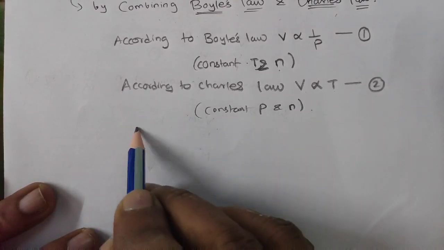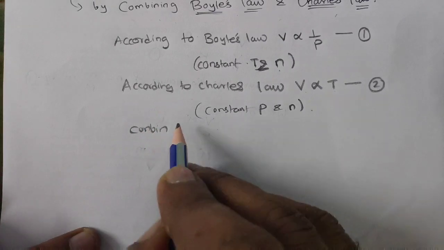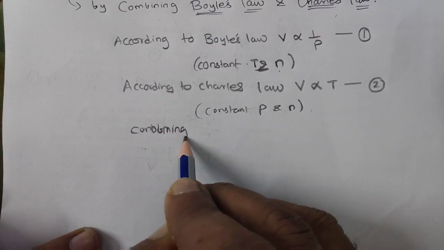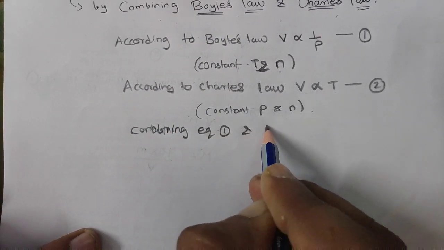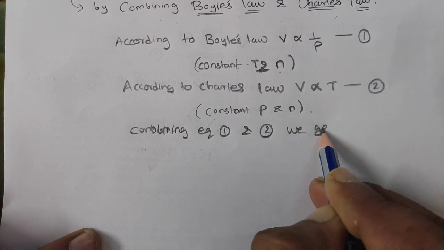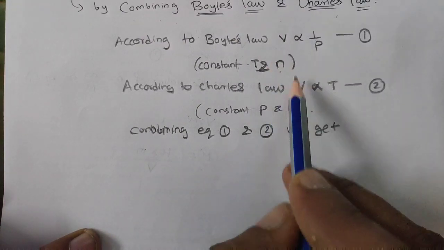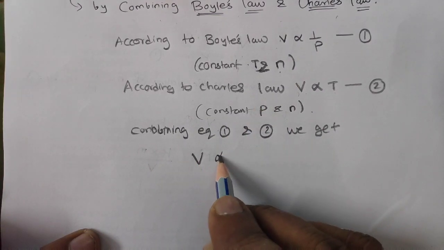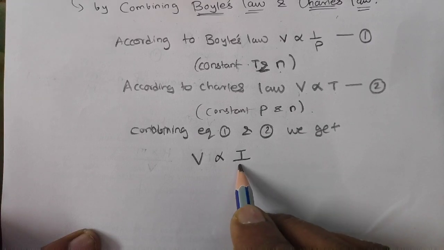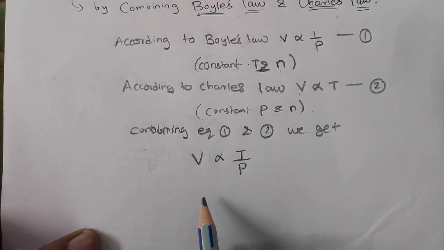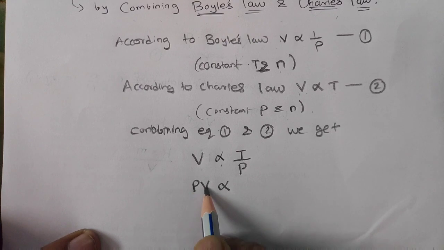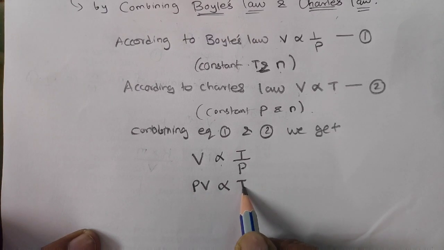Now combining equation 1 and 2, we get, what is that relation? Volume is common in both, so what will we get? Volume is directly proportional to temperature and inversely proportional to pressure. Now if I want to write, I can also write it as PV, the product of pressure and volume, is directly proportional to temperature.